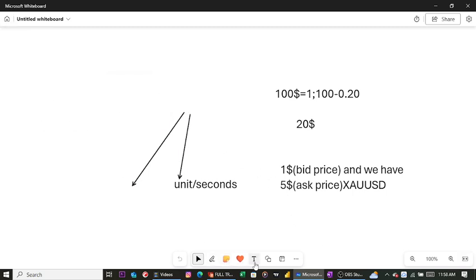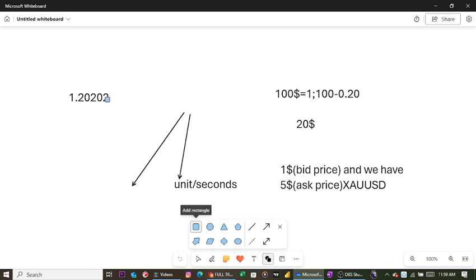So assuming that we have something like this, 1.32. Now, in Forex, the last number in the price is called a pipette. The second to the last is what is called pips.